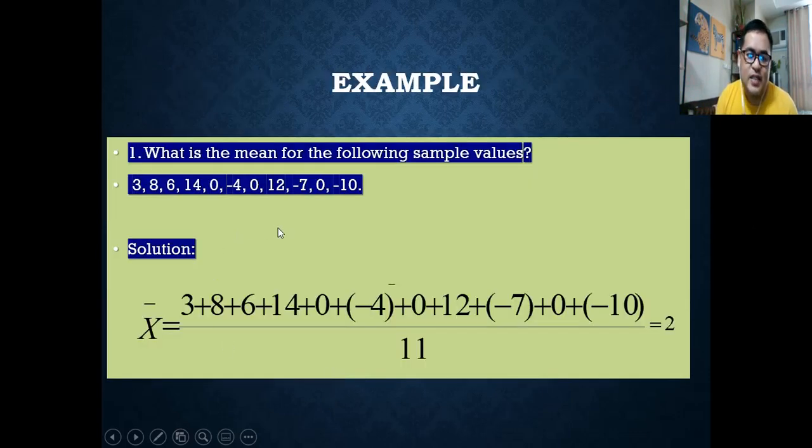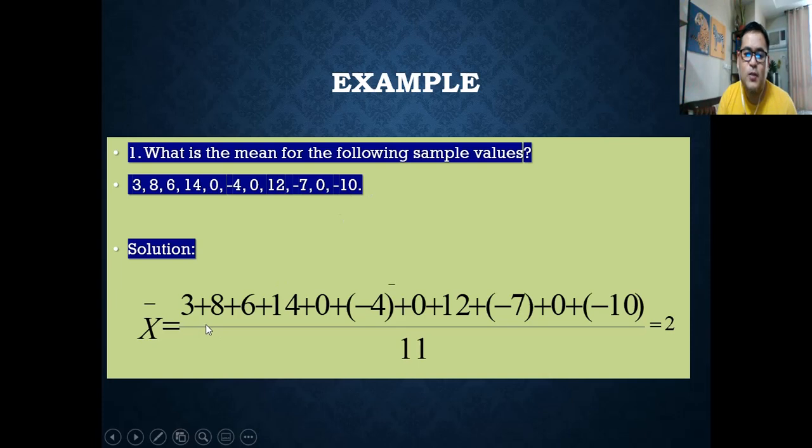Let's start. For example, what is the mean for the following sample values? I have 3, 8, 6, 14, 0, negative 4, 0, 12, negative 7, 0, and negative 10. This is ungrouped data. To find the mean, you need to get the summation of all these sample values.